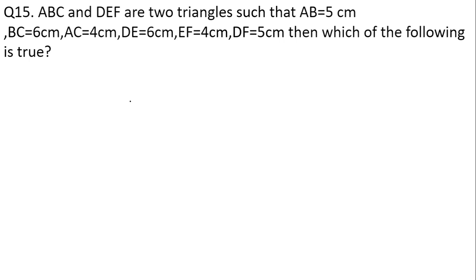A, B, C and D, E, F are two triangles over here and their side dimensions have been mentioned. Then which of the following is true that they have asked? Please note down the options. Option number A is triangle ABC is congruent with triangle EDF. Option number B is triangle ABC and triangle DEF.